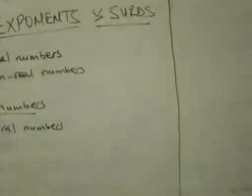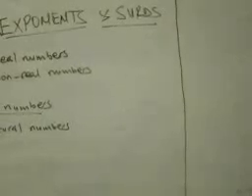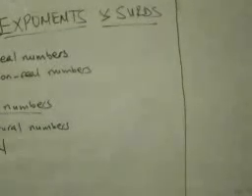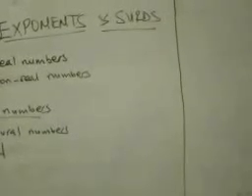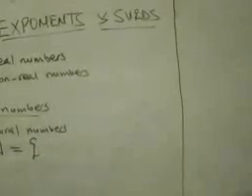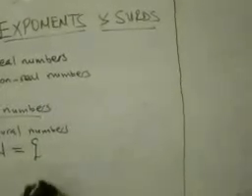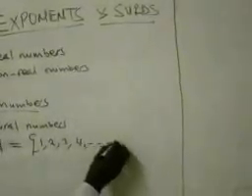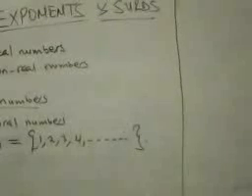Now you can ask yourself, what are natural numbers? Natural numbers are denoted by capital N. And these natural numbers are the set of all positive whole numbers, that is 1, 2, 3, 4, and so on, up to infinity.